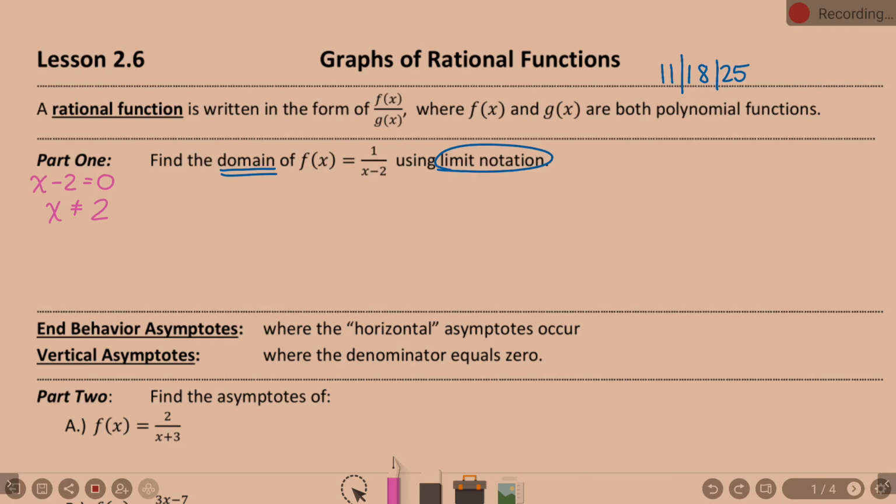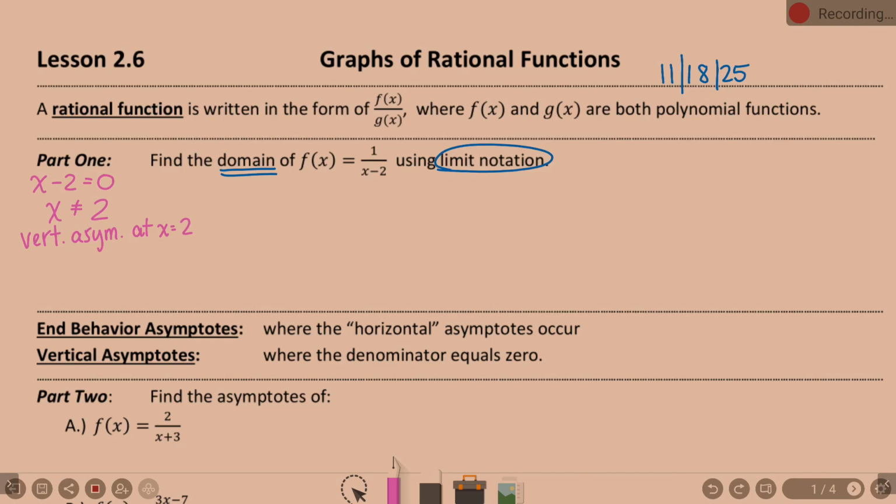But any place your denominator equals 0 is going to provide a vertical asymptote. So there's a vertical asymptote at x equals 2. Right there, we know that about our graph, which means my graph is going to be broken into at least 2 pieces.